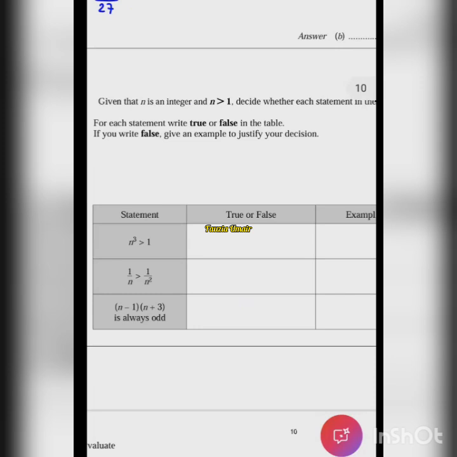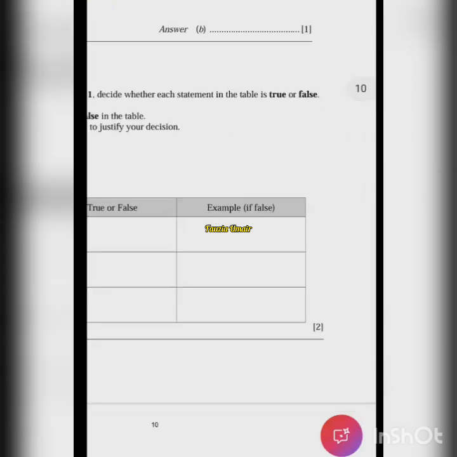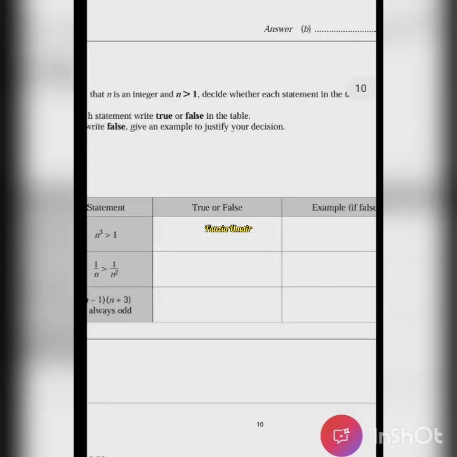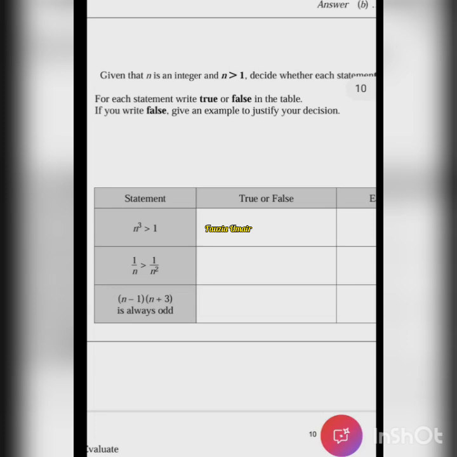If you write false, give an example to justify your decision. It's a past paper question and it's a 2 marks question. You need to fill this table keeping in mind that n is an integer and n is bigger than 1. There are 3 statements given to you and you need to tell whether each statement is true or false. In case the statement is false, you need to give the justification also, why you think it is false. We will start with the first one.